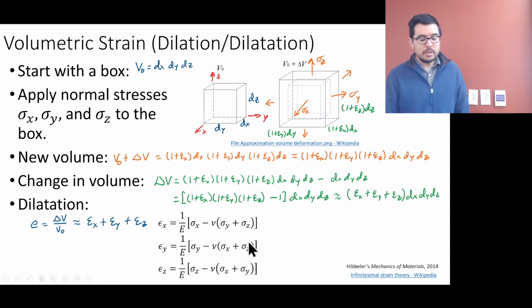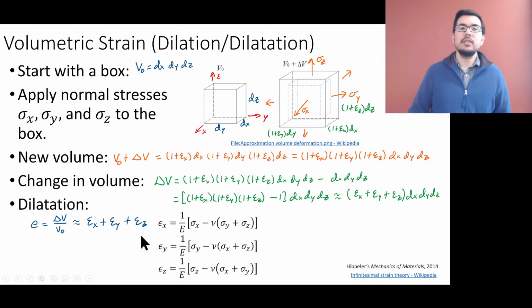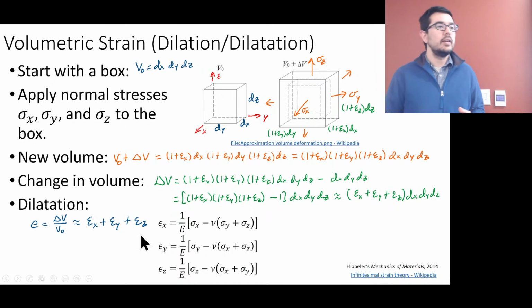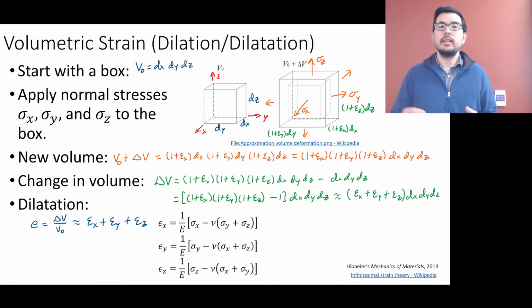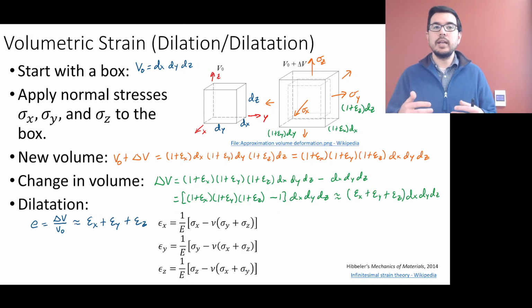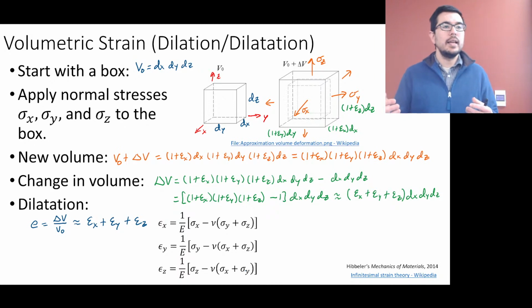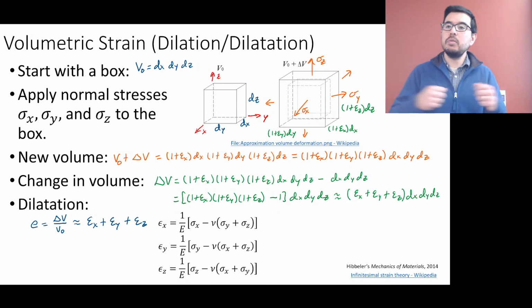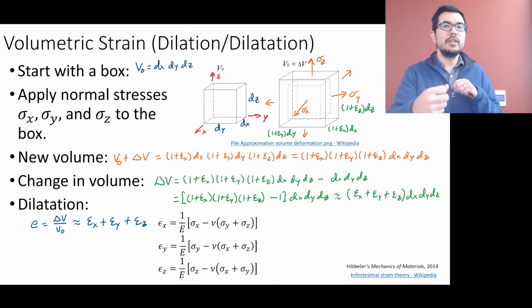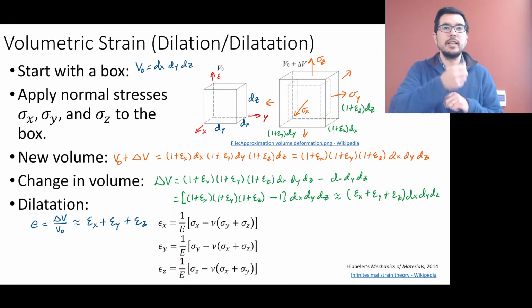Now, you remember this? This is our relationship that we got from looking at the effect of the Poisson's ratio on strain in multiple directions. Okay. And what we said is that, hey, if I pull in X, I shrink in Y and Z. If I pull in Y, I shrink in X and Z. If I pull in Z, I shrink in X and Y. Okay.